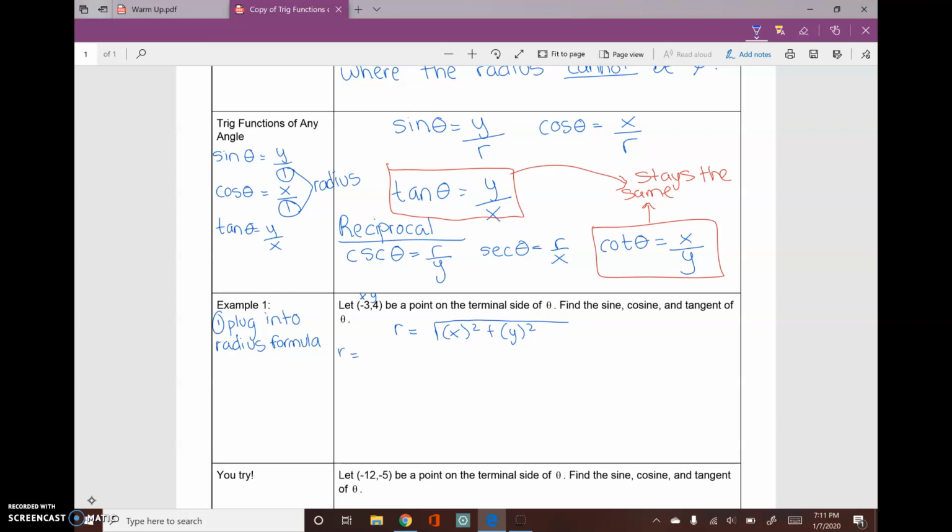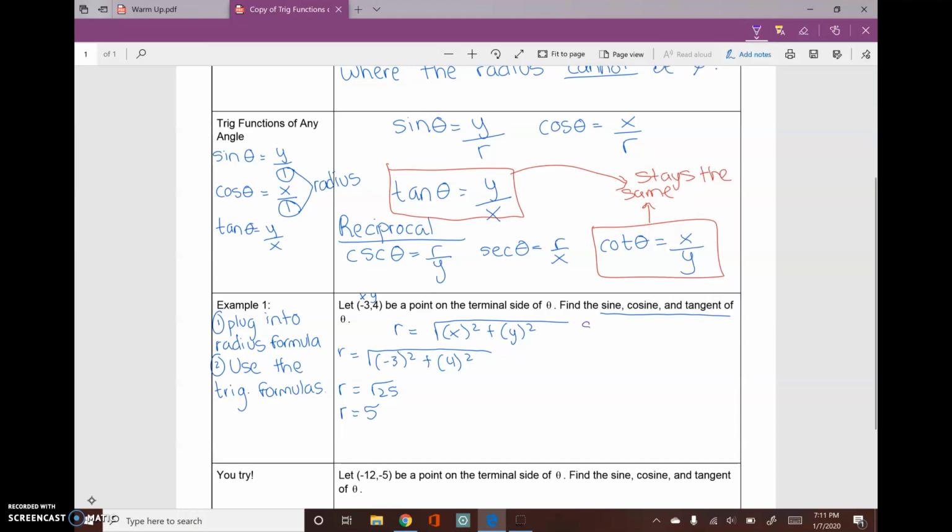So then my radius is going to be the square root of (-3) to the power of 2 plus 4 to the power of 2, where r is the square root of 25. So then the radius is 5. Now that I have the radius, I can use the trigonometric formulas. It told me to find sine, cosine, and tangent.